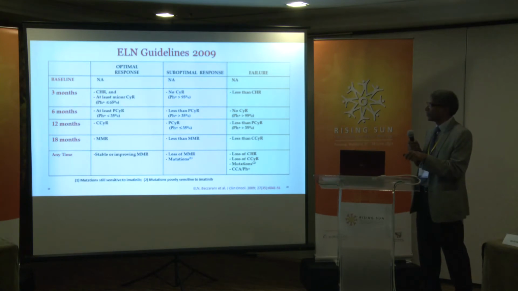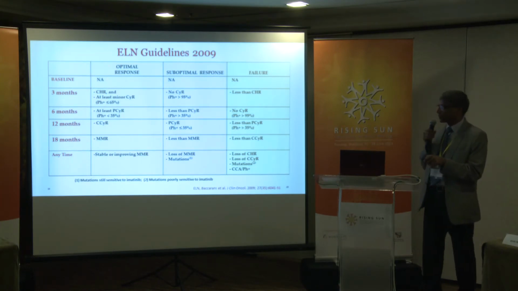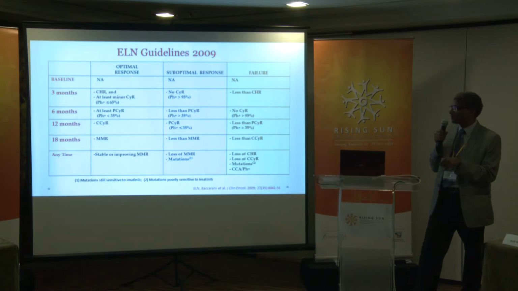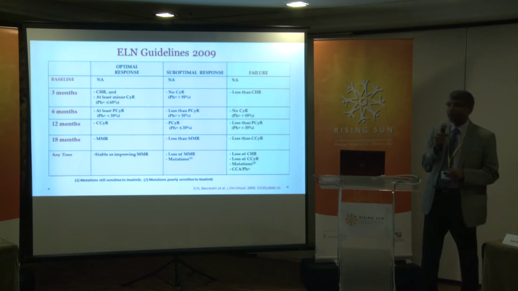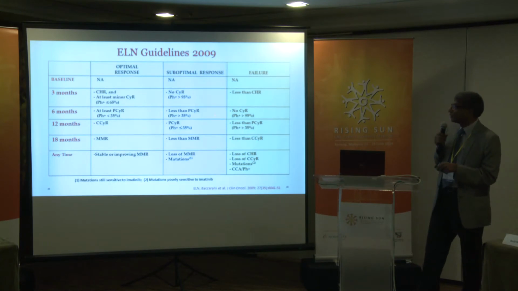The optimal response was, of course, achieving the hematological response at 3 months, a partial cytogenetic response at 6 months, and a complete cytogenetic response at 12 months. They included 18 months also, at which point they looked at the major molecular response. And those who did not achieve these responses at all were considered failures.